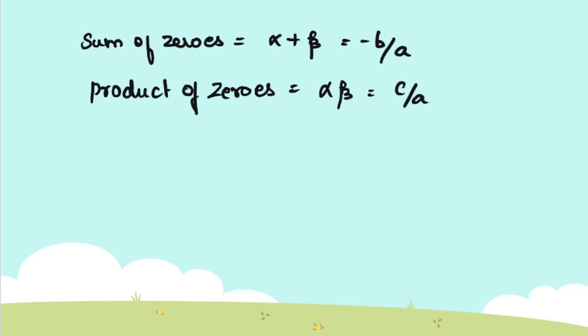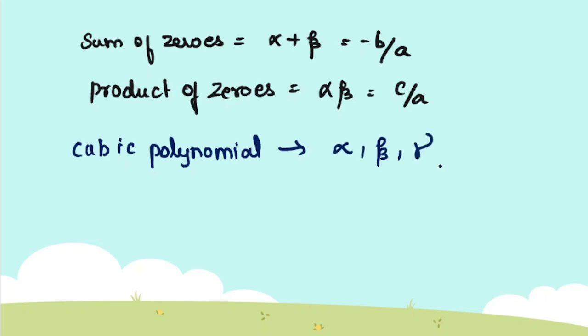If it is a cubic polynomial, then what will you do? It will have 3 zeros. What are the zeros? Alpha, beta and gamma. So what is the sum of zeros here? Sum of zeros, alpha plus beta plus gamma, is equal to minus b by a.